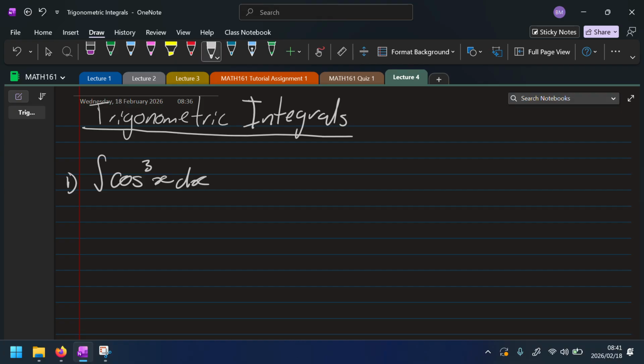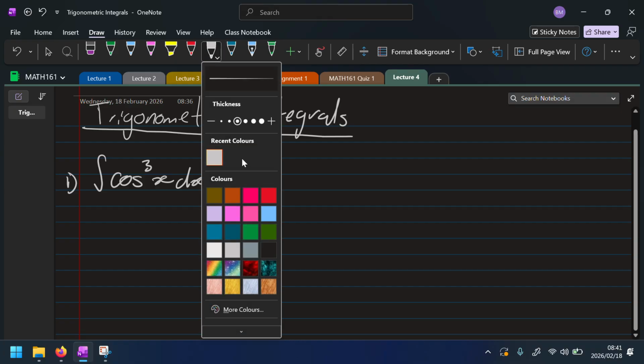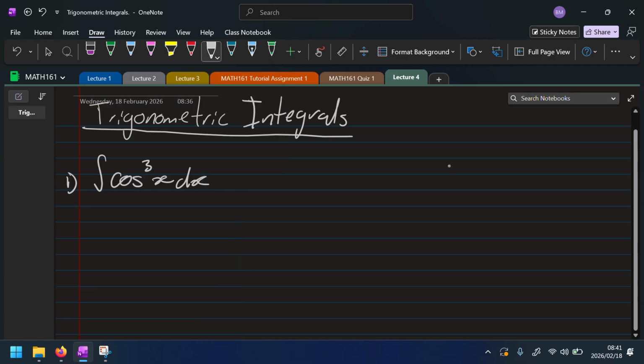Now, what we want to do is try and rework this into a u substitution problem. That's the idea for all of these. We're given some trig integral with some trig function there. We want to rewrite it using our trig identities into something we can do with a u substitution.